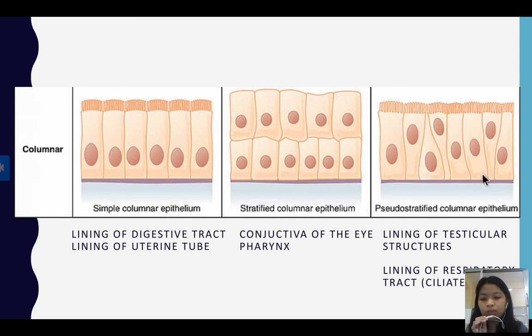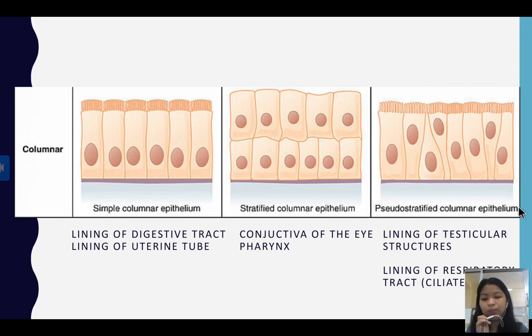Okay, so anong ginagawa nito? It's also for absorption and secretion. So, this type of tissue is found in the lining of testicular structures. So, as you can see, ciliated din ulit siya. So, this tissue type is commonly ciliated. Ayan, may cilia or hair-like structures.